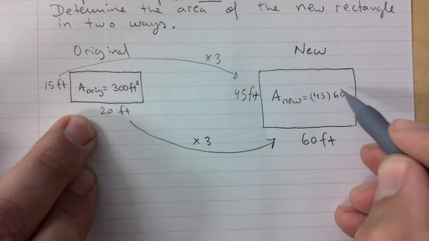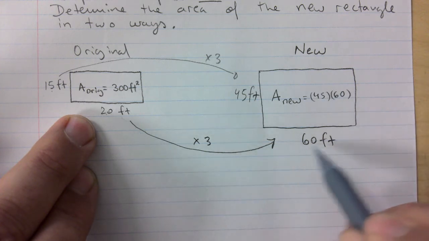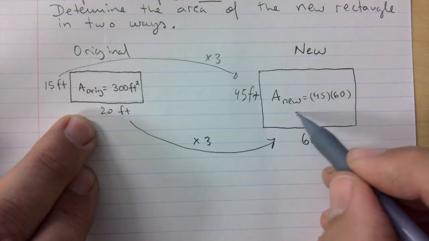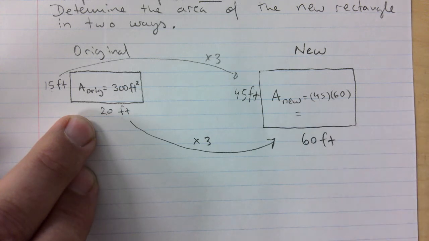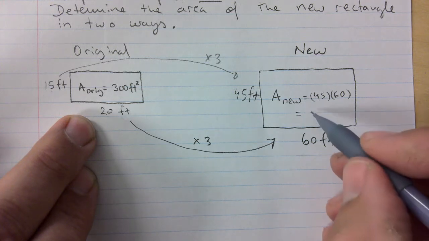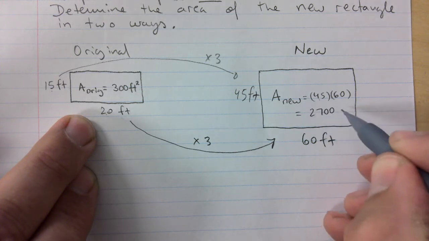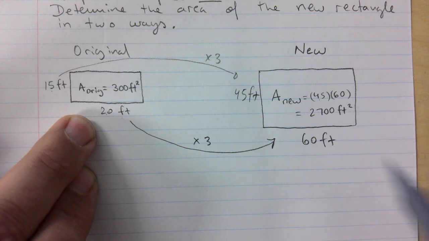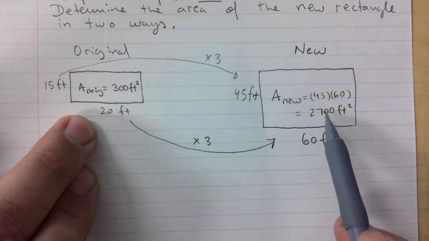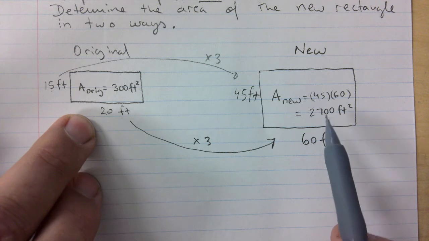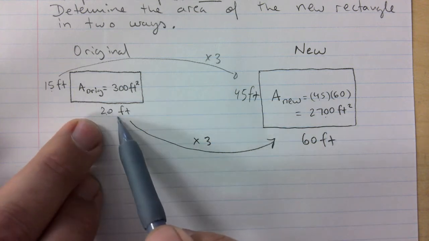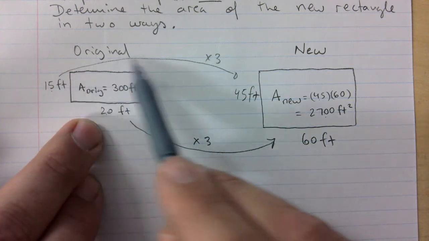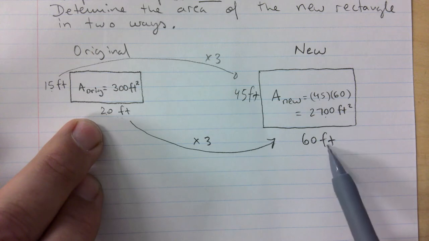You take the dimensions that you've converted, and you get 45 times 60. So what is that? That's 2,700 square feet. So this is one method of finding the new area, where you take both of the dimensions. In this case, we have to multiply them by 3.